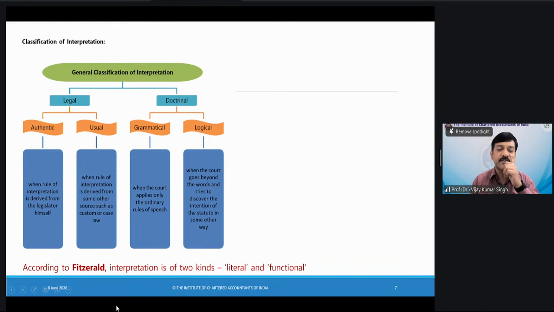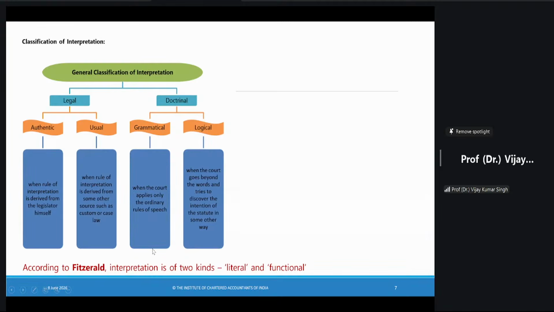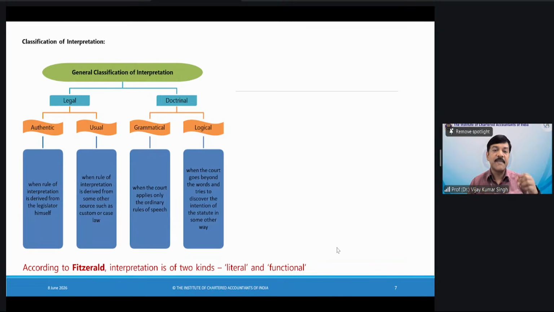Doctrinal interpretation is basically of two types again. One is grammatical interpretation and the other one is logical interpretation. When I say grammatical interpretation, if you look at doctrinal, you can consider it as a part of legal usual.